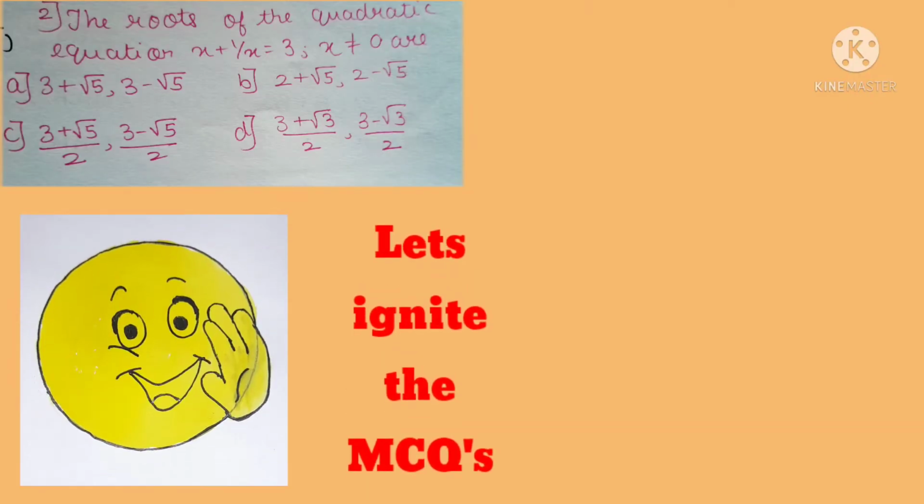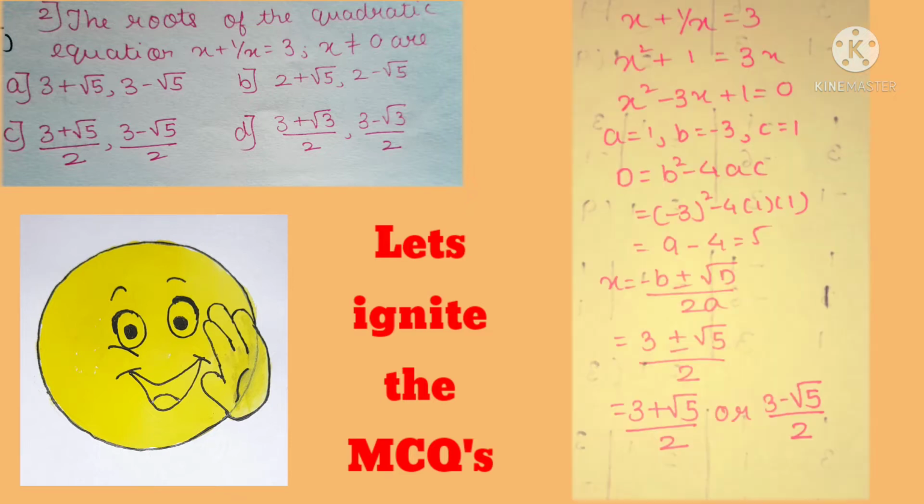The question is the root of the quadratic equation x plus 1 by x is equal to 3, in which x is not equal to 0. Here also four options are given, so let's identify it. x plus 1 by x is equal to 3, as per the question. Now we need to convert this equation into a quadratic equation. How can we convert 1 by x?